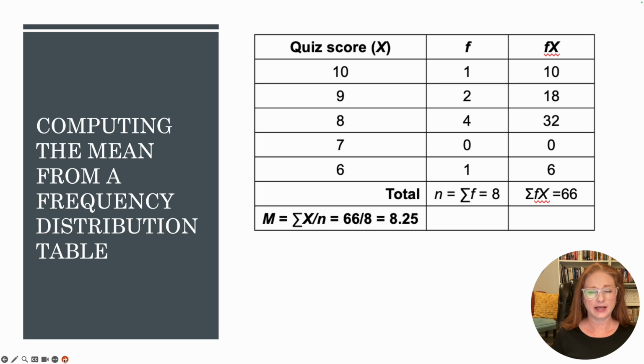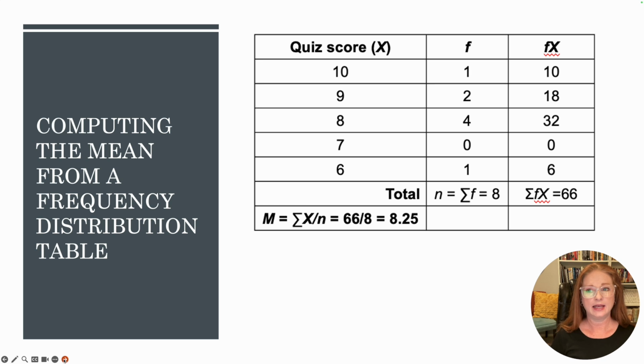So sum of f is little n if I'm dealing with a sample, and big N if I'm dealing with a population. f is just how many for each category. Sum of f, or n, is my total count of participants. In this case, 8. I got that by adding 1 plus 2 is 3, plus 4 is 7, plus 1 is 8.